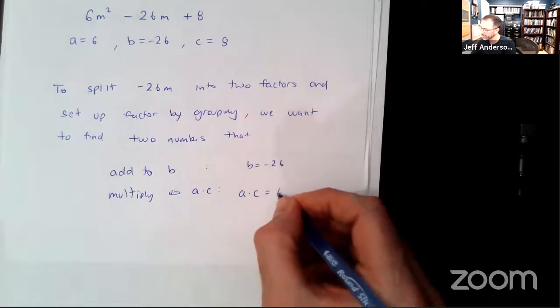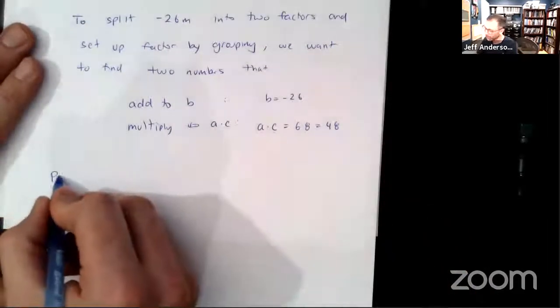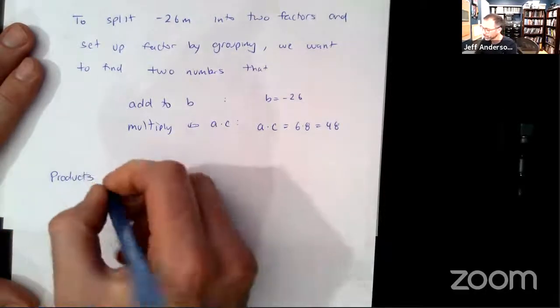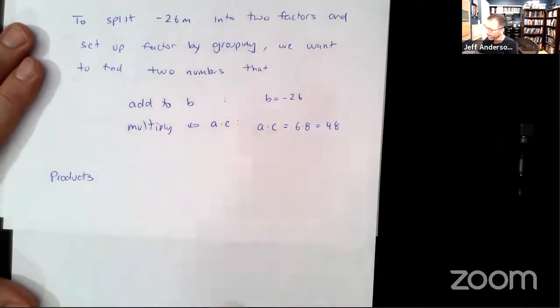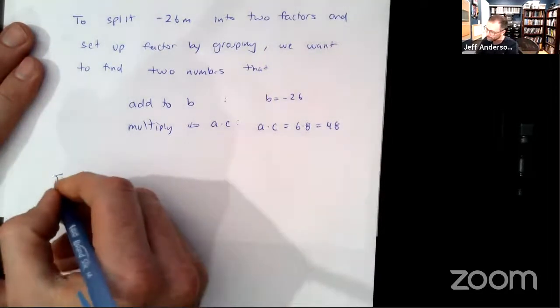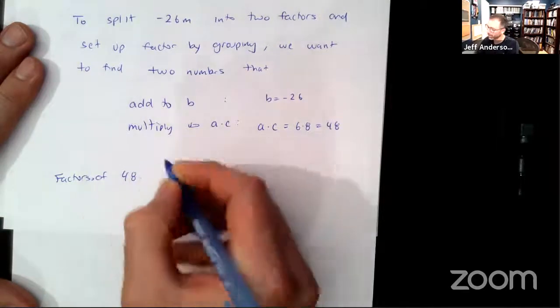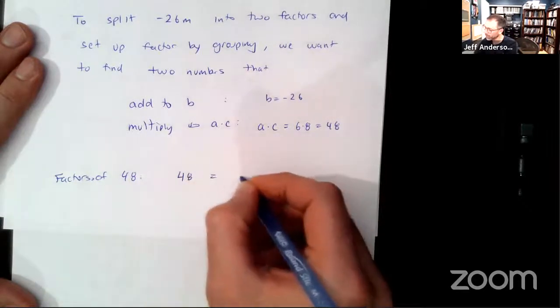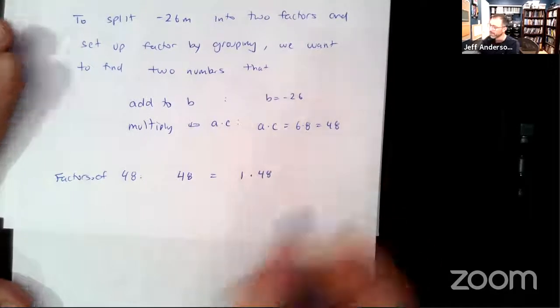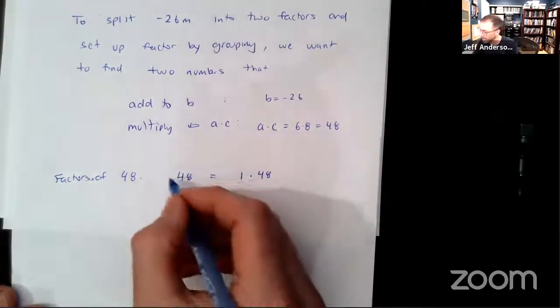A times C is 6 times 8, which is 48. So let's start with factors of 48. Well, we know 48 for sure is going to be 1 times 48. Those could both be negative or both be positive because it's a positive, right?